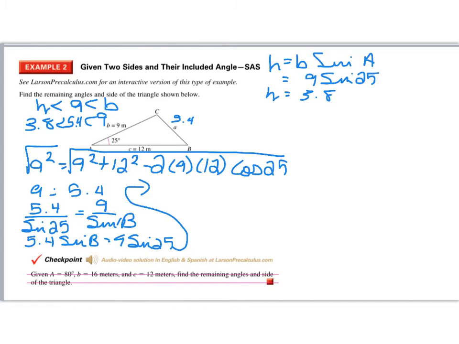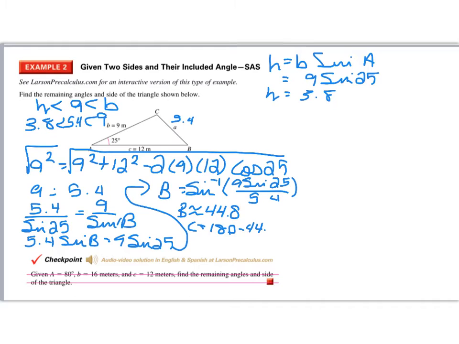And let's go here. So b is equal to the sine inverse of 9 sine 25 all over 5.4. So then b is 44.8.